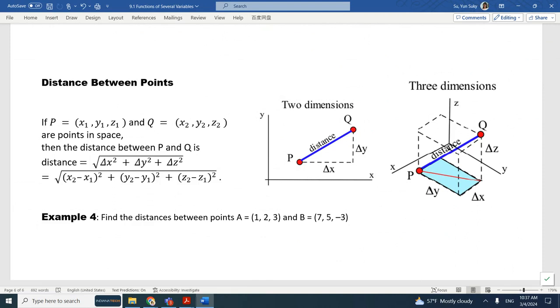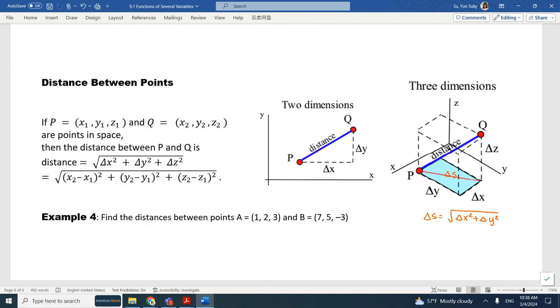But what if we have 3 points in space? Then you have this guy and this guy. Let's say this is the change of s. So change of s is the square root of change of x squared plus change of y squared. But now your distance PQ, if you look at this triangle, is a right angle triangle.